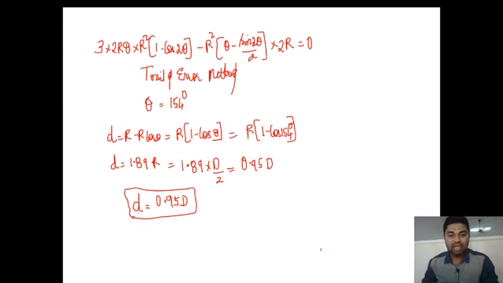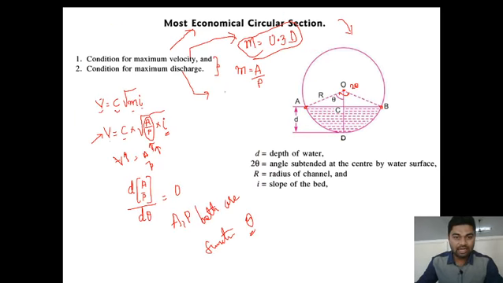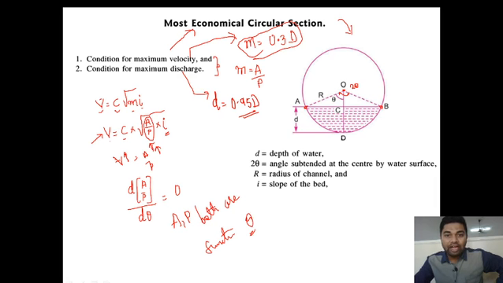For the condition of maximum discharge in a circular channel, the depth of the flow should be equal to 0.95 times the diameter of the circular channel. So here we have derived this condition too. For maximum velocity, hydraulic depth should be equal to 0.3 times the diameter of the circular channel. For the condition of maximum discharge, the depth of the flow should be equal to 0.95 times the diameter.